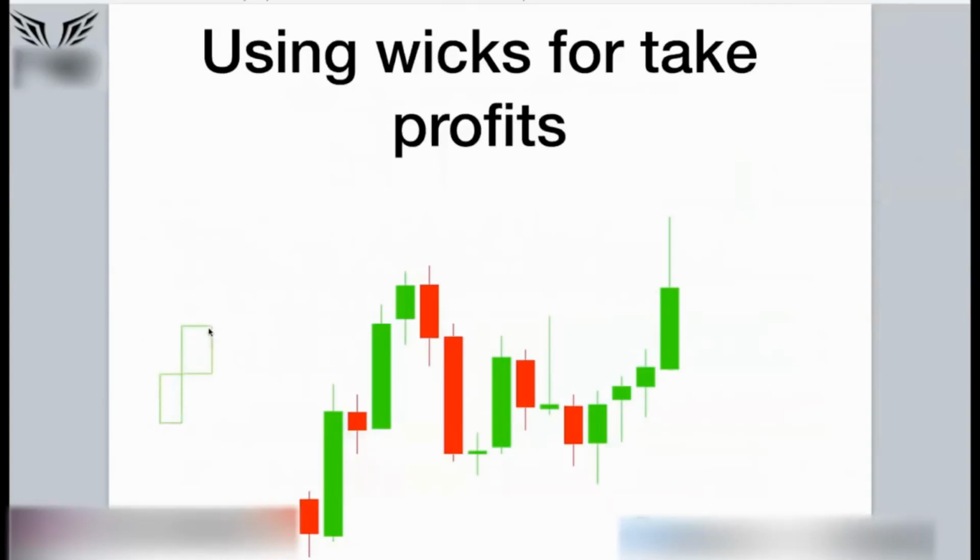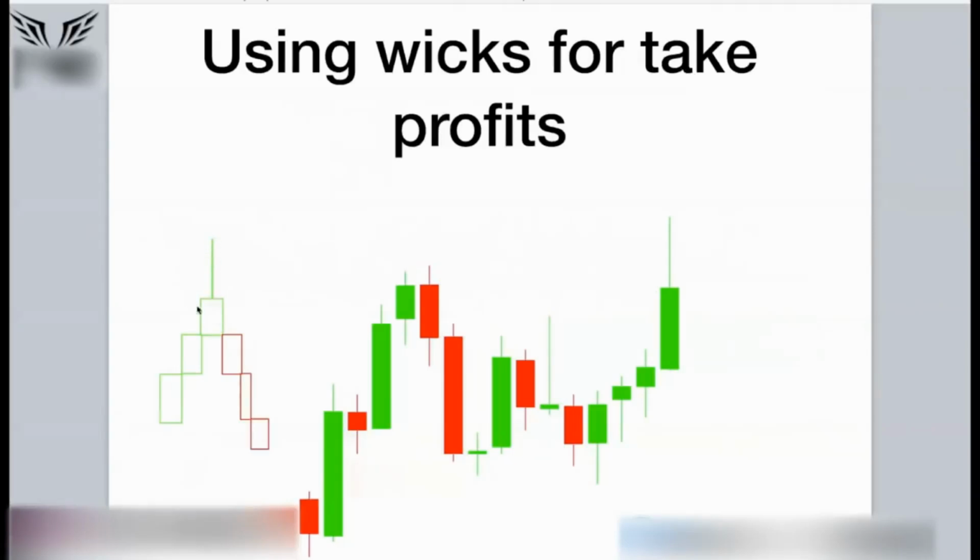We have a bullish candle, another bullish candle, another bullish candle. And then let's say we get a few bearish candles going down. Let's say this candle had a wick looking like this.